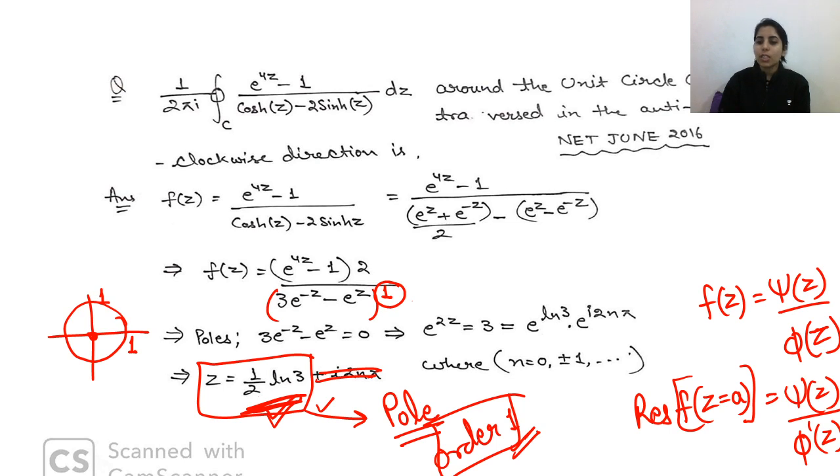And when can we use it? Whenever the denominator's value at the pole is 0, but the numerator's value at the pole is not equal to 0. Clear? Then you can use it.